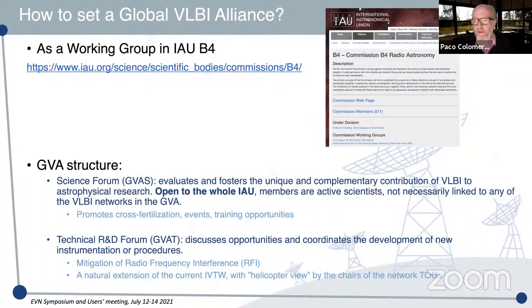Members of this forum are not necessarily linked to any VLBI networks. This is actually open to the whole of astronomy, and in particular within the working group to the whole of IAU.